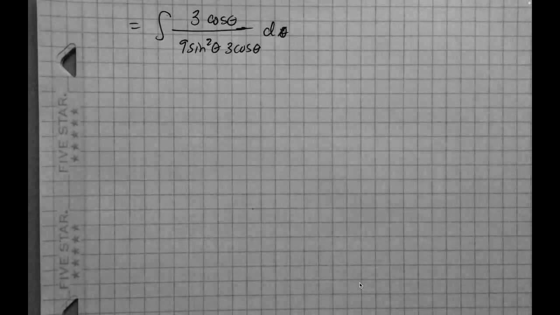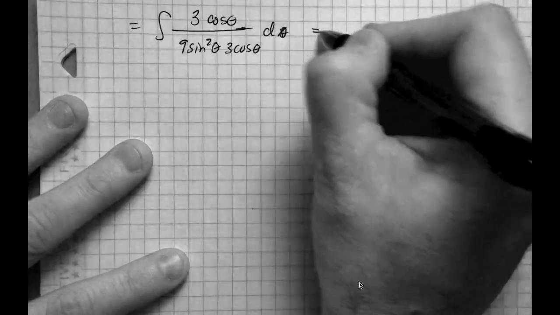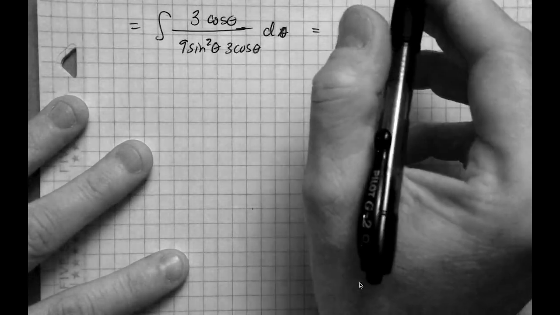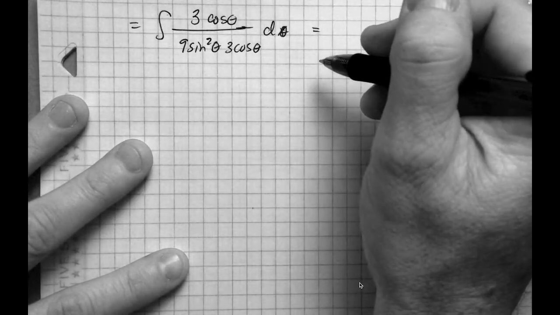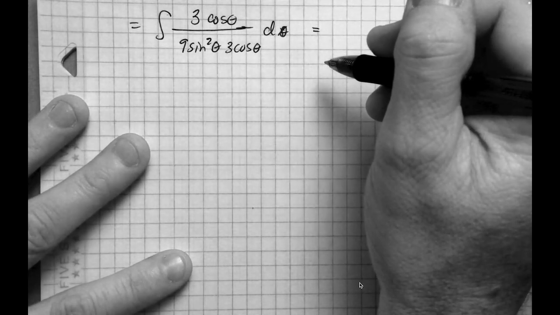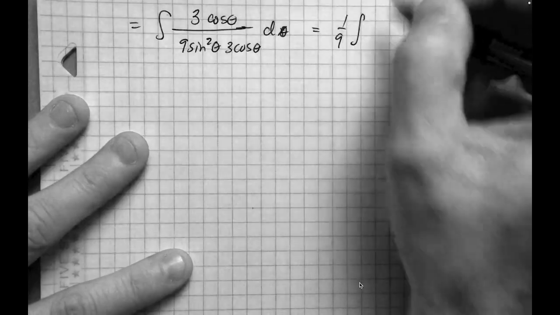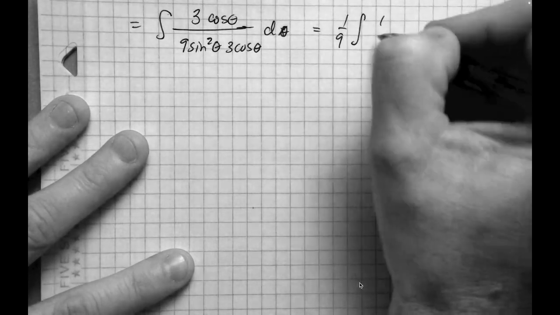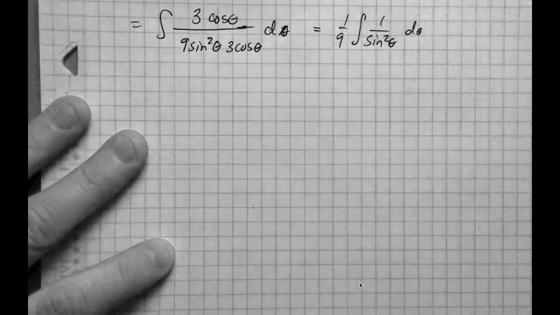Now, can we integrate this? Yeah, there are a lot of cancellations that we can do here actually. So the 3's will cancel, and I think it should be 1/9 times the integral of 1 over sine squared theta d theta, like so.